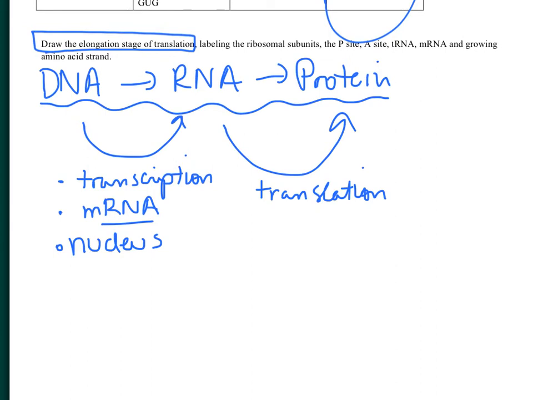That's read from 3' to 5' on the template, so the mRNA is built from 5' to 3'. It gets edited where exons are kept and introns are edited out, a cap and tail are added, and then the mRNA can leave the nucleus to move to a ribosome.